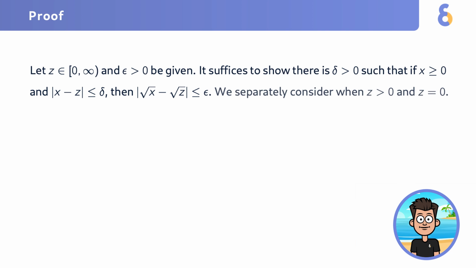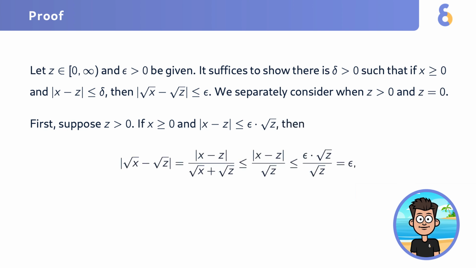We will find it easiest to tackle this problem by separately considering the cases when z is positive and when z equals 0. First, let's suppose z is positive. If you give me any non-negative x that is within epsilon times square root of z, then we have the following list of inequalities.